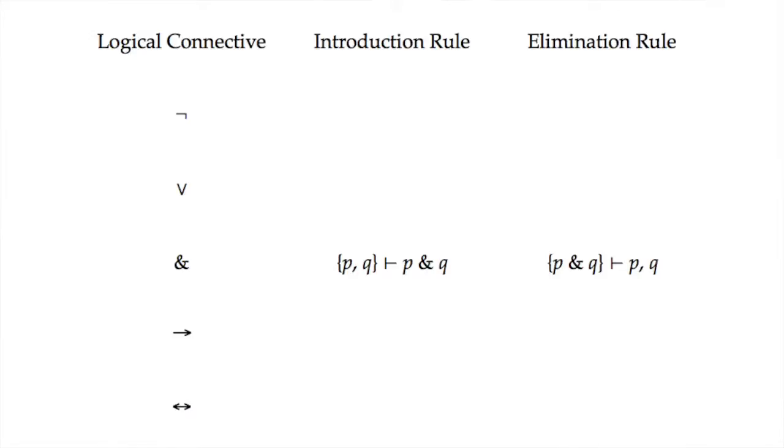And in the introduction rule column, next to and, I have written the second of these very simple arguments that we just talked about. Okay? P comma Q proves P and Q. This is called an introduction rule because the premises do not have the symbol for and in them, but the conclusion does.